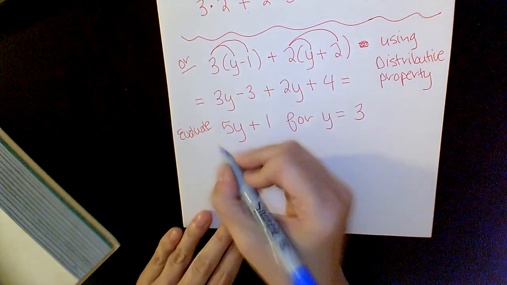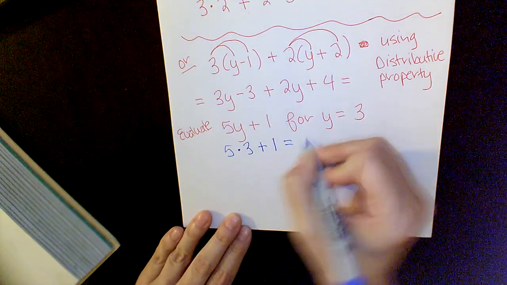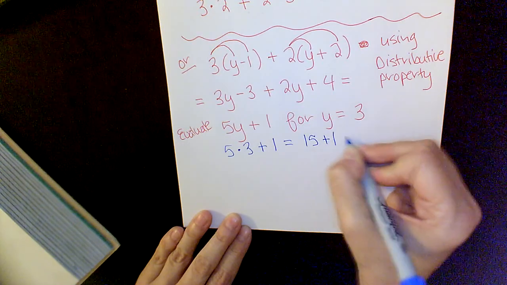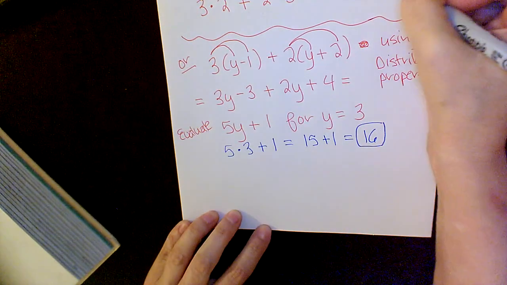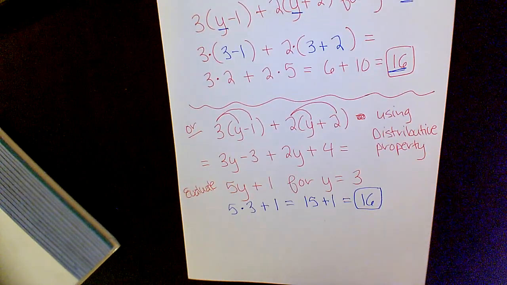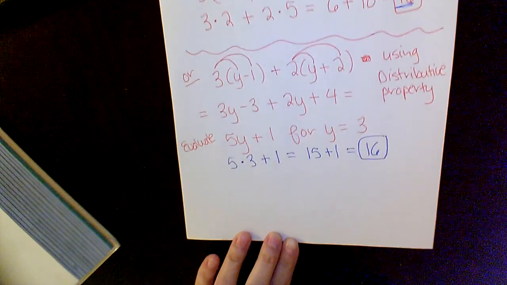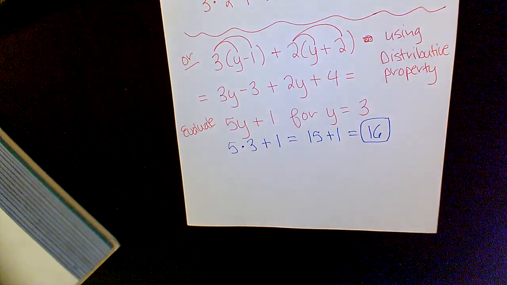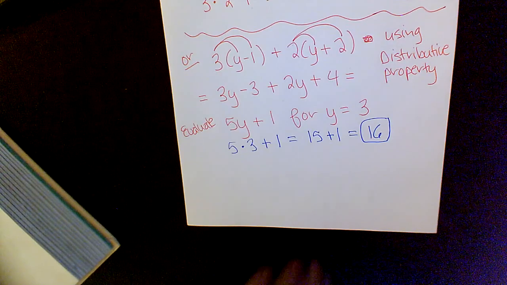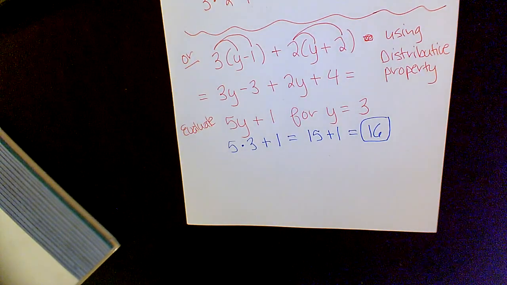And 5 times 3, I'm just subbing in the 3, is 15 plus 1, which is 16, which is what we got up here. So you can go whichever way you want. You can simplify first and then plug in, or just simply plug in and then work it out.